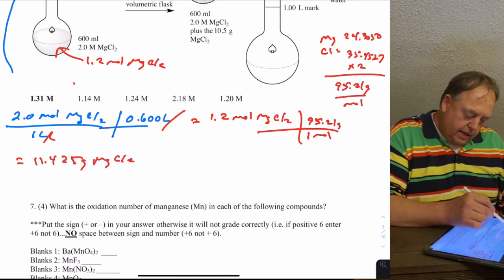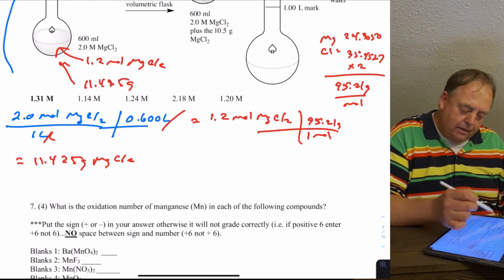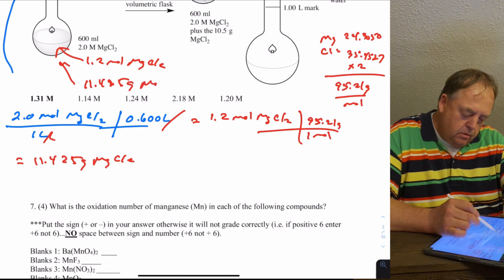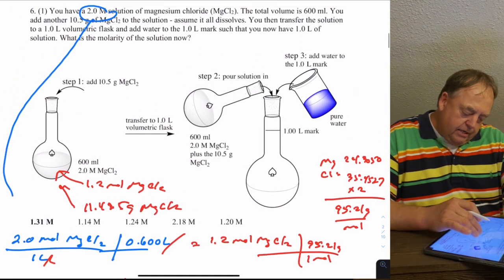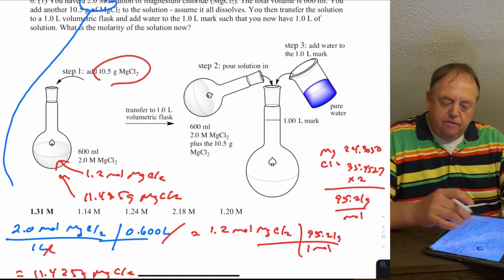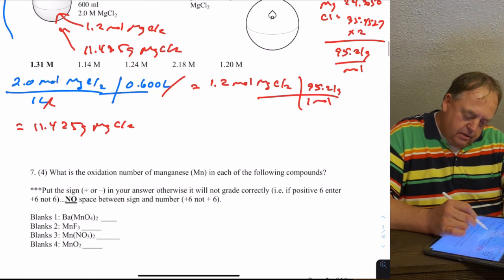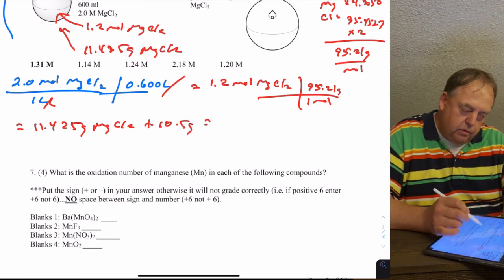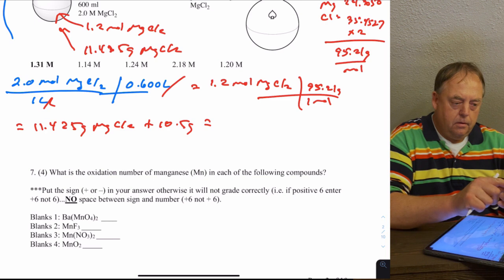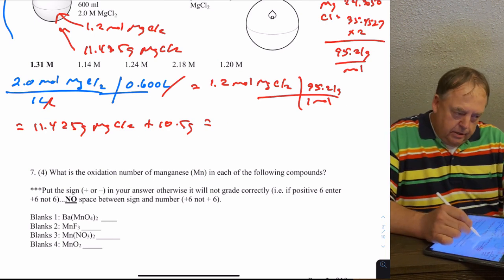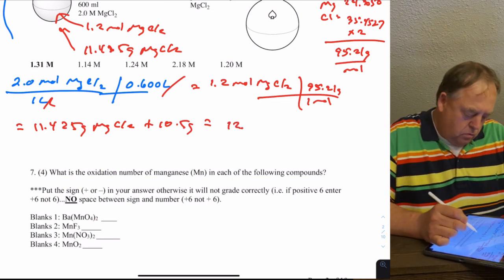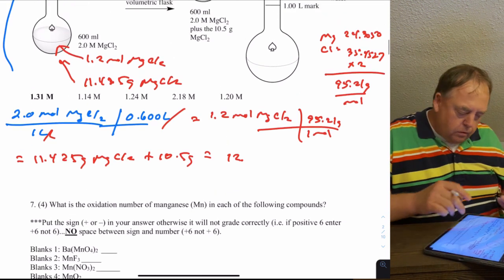Okay, so in this flask then there's 114.25 grams of magnesium chloride. And then I tell you, you add another 10.5 grams. So let's take that and add 10.5 grams to it. Oh, I think I wrote this answer wrong.